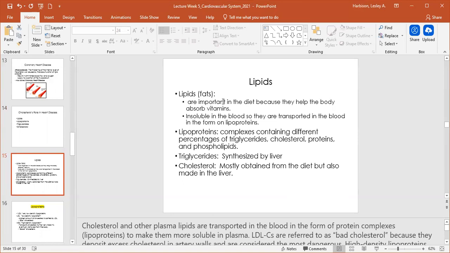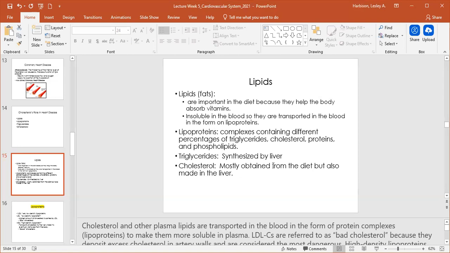They're insoluble in blood, so they're transported in the blood in the form of lipoproteins. A lipoprotein is a complex containing different percentages of the following: triglycerides, cholesterol, proteins, and phospholipids. They carry them in different percentages, and they call them different things based on the percentages.